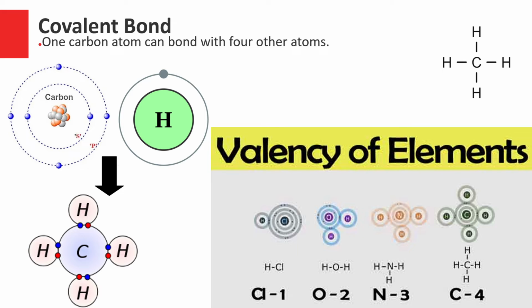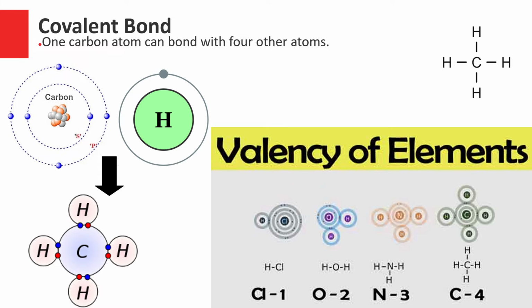So we have on the left a carbon atom with a valency of 4, meaning in the outermost orbit there are 4 electrons. Hydrogen having a valency of 1, so 1 electron in the outermost orbit. And then you have a molecule here in the bottom consisting of 1 carbon and 4 hydrogens.